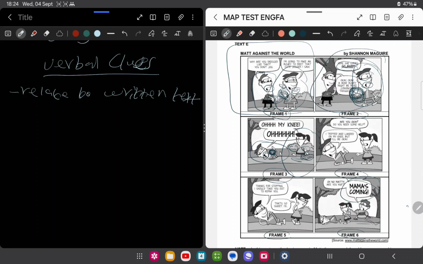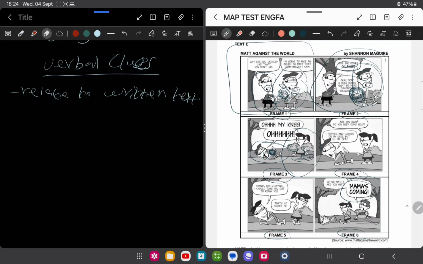Whenever the cartoonist says, maybe, verbal clue in frame number 2, you have to know that you have to look at the text used in frame number 2. Then visual clues, you have to look at the pictures, body language, gestures. So on verbal clues, you have to relate to text.